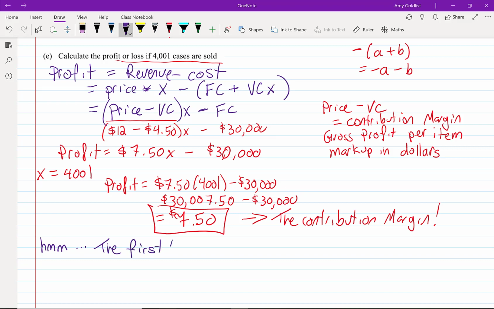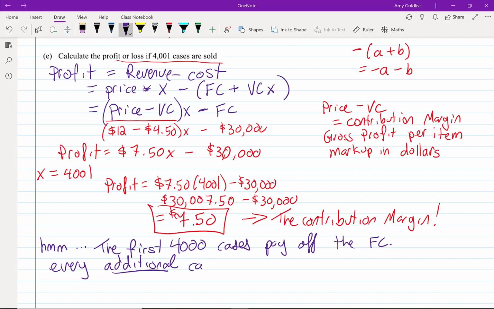So I'm going to say the first 4,000 cases pay off the fixed costs. Every additional case contributes $7.50 to the net profit.